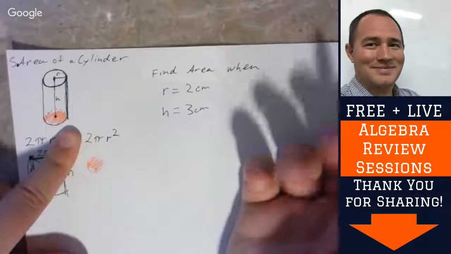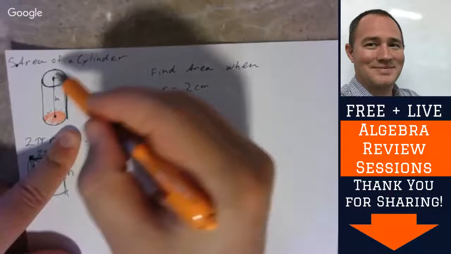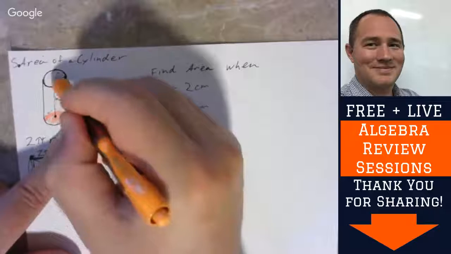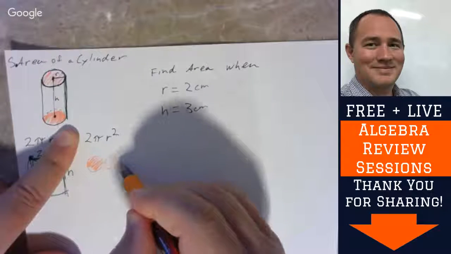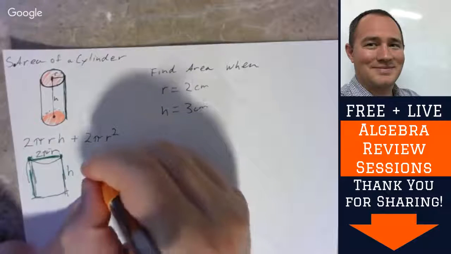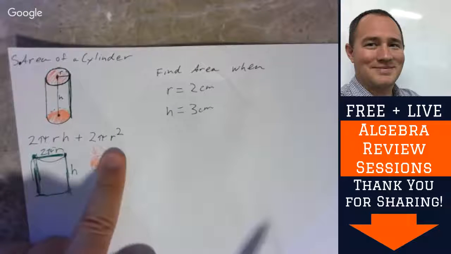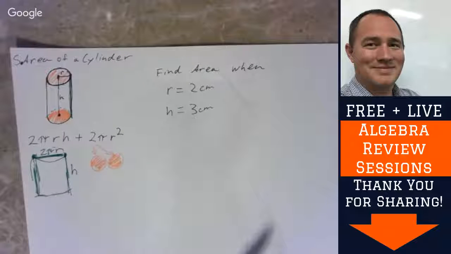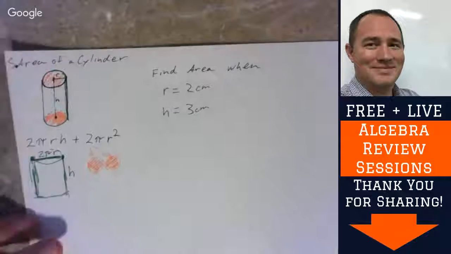And that's why they have the 2: this is the area of the bottom of the can, and then the area of the top of the can. So we have the bottom and the top, right? That's what the 2 is there for, because it's 2 times the area of a circle. Okay, so we kind of get that. Let me know in the comments if you need some clarification on that.